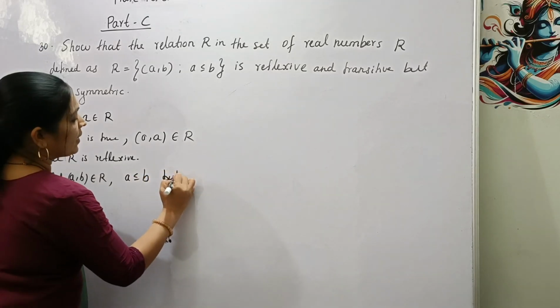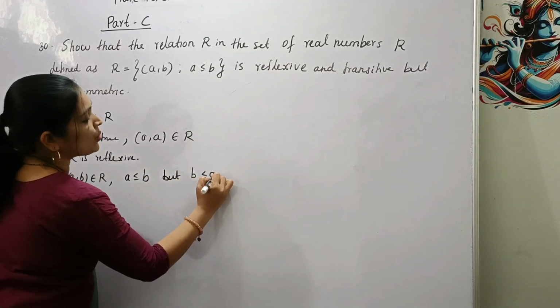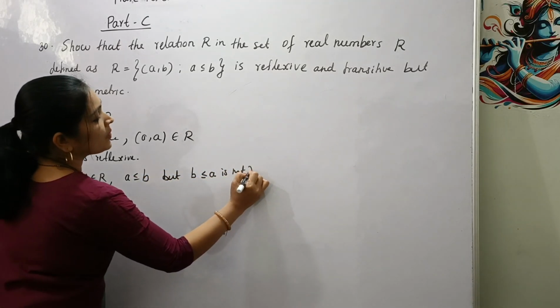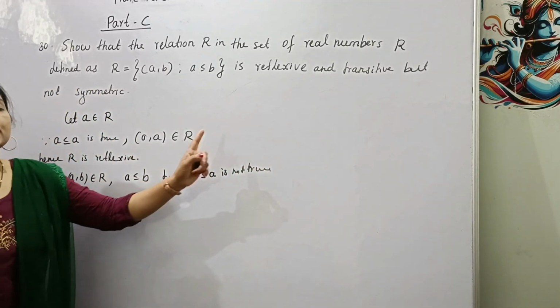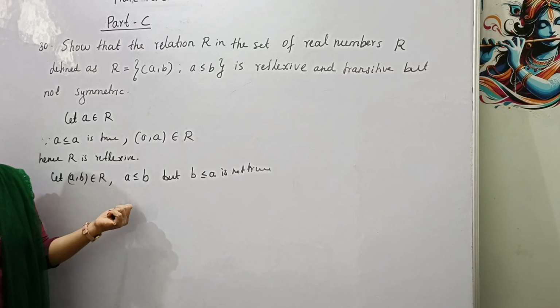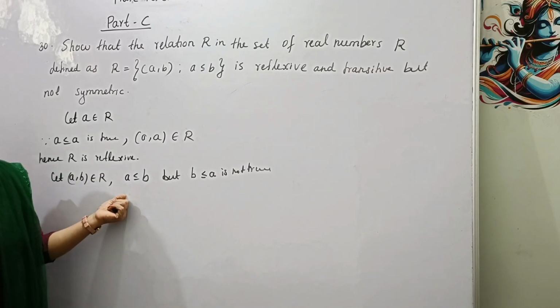But b less than or equal to a is not true. If a is less than or equal to b, b is not less than or equal to a.